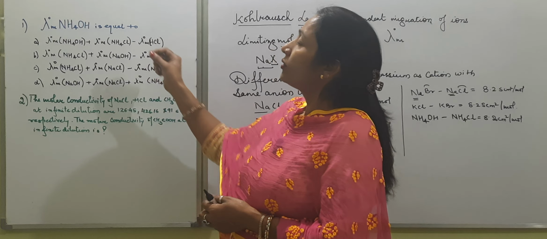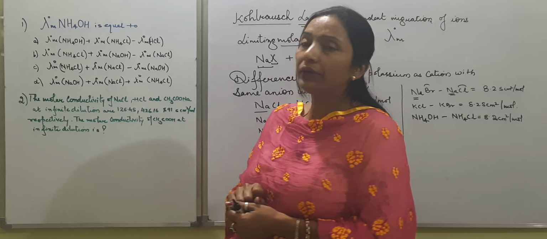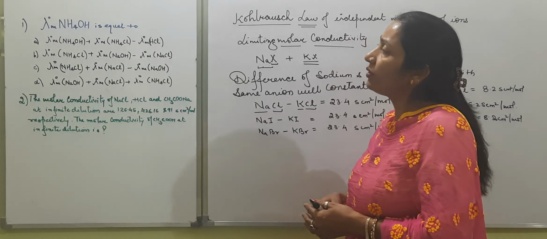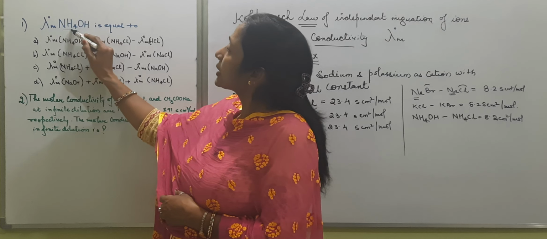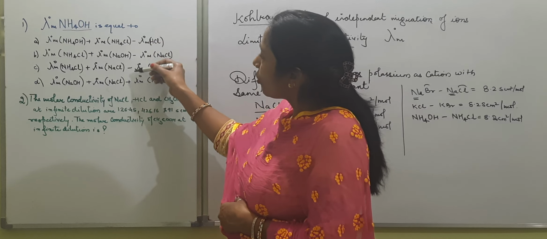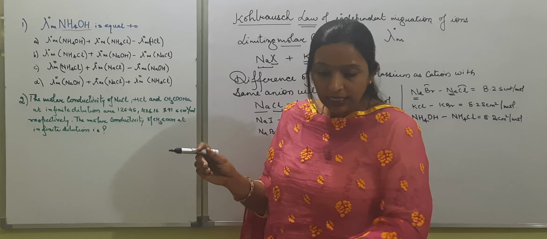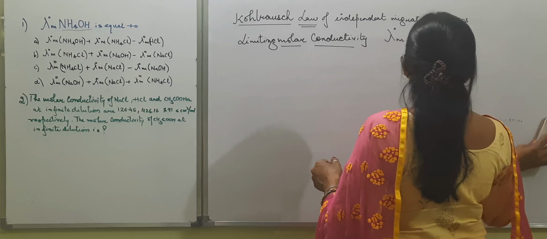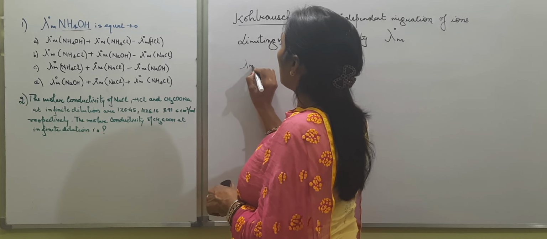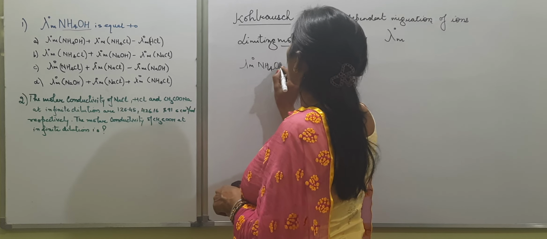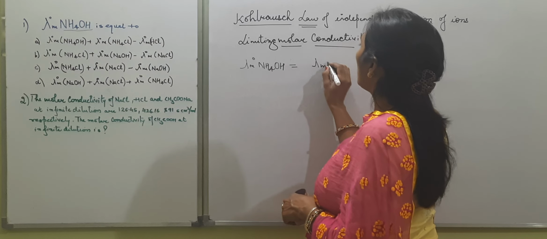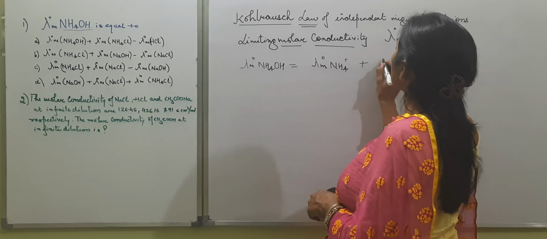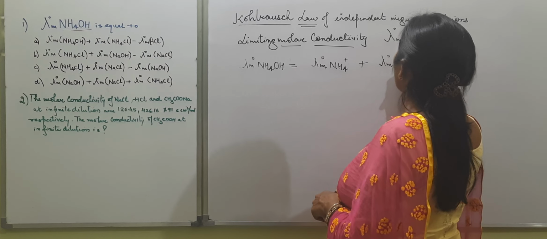We have to find the limiting molar conductivity of ammonium hydroxide. I just explained what the various predictions by Kohlrausch's law are about limiting molar conductivity. So it says the limiting molar conductivity we have to find here is of ammonium hydroxide. Which of the options is correct? Let's see the ionic dissociation of ammonium hydroxide. That is the limiting molar conductivity of ammonium hydroxide. It will give you the limiting molar conductivity of the ammonium ion, with a plus sign on it, plus the limiting molar conductivity of the hydroxide anion.